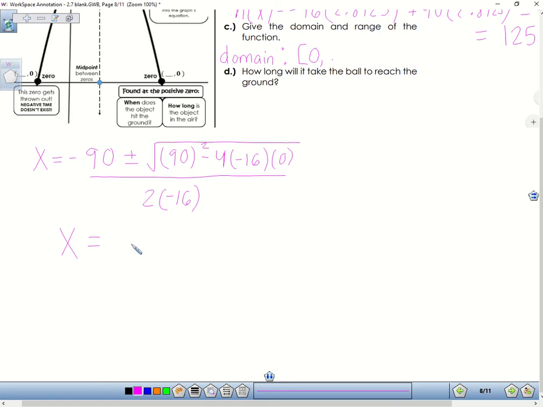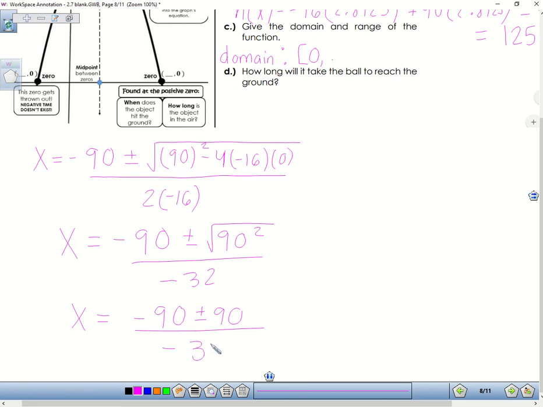So this just comes out to be negative 90 plus or minus the square root of 90 squared, which is just 90. So this becomes x equals negative 90 plus or minus 90 over negative 32.